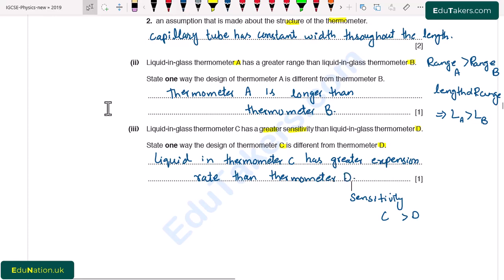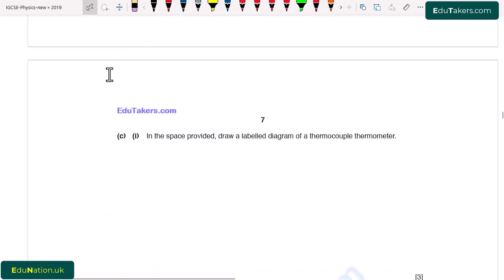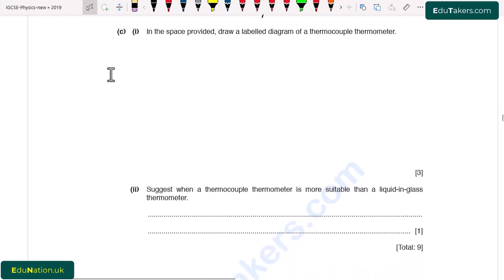Moving towards the next part of this question, part C. In the space provided, draw a labelled diagram of a thermocouple thermometer. Here we have to draw the diagram of a thermocouple thermometer. First of all, we have to know the components of this thermocouple thermometer.